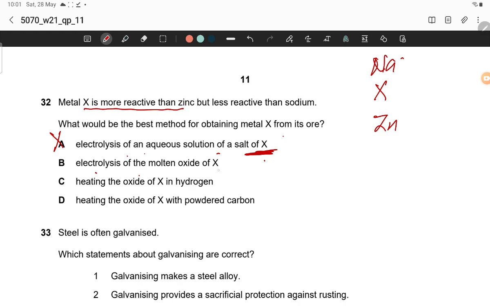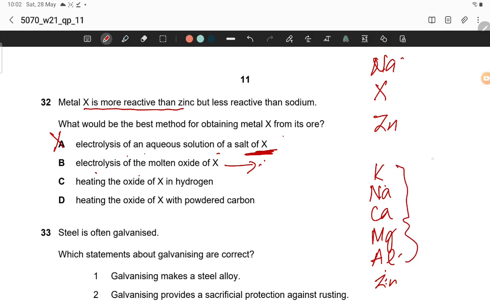Electrolysis of the molten oxide. Yes, this must be correct because potassium, sodium, calcium, magnesium, aluminum, zinc, and the element is placed in between zinc and sodium. So these metals can be extracted by using electrolysis.